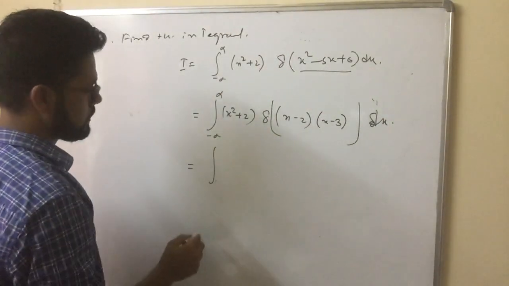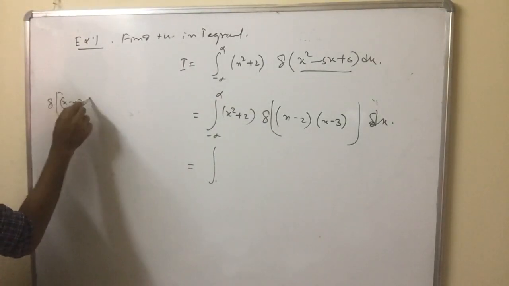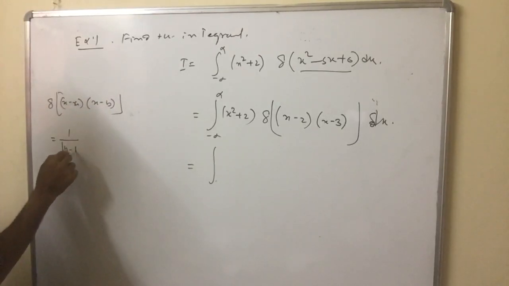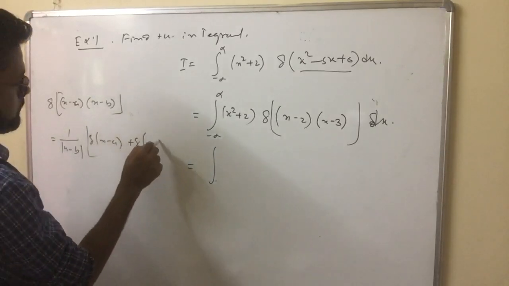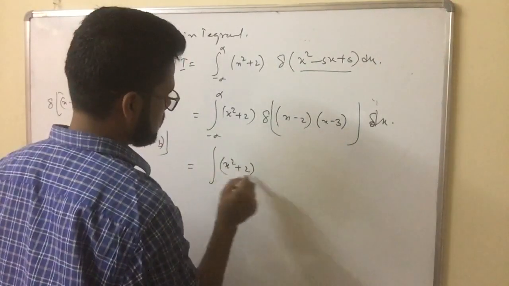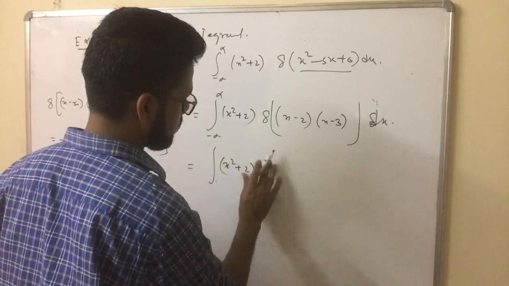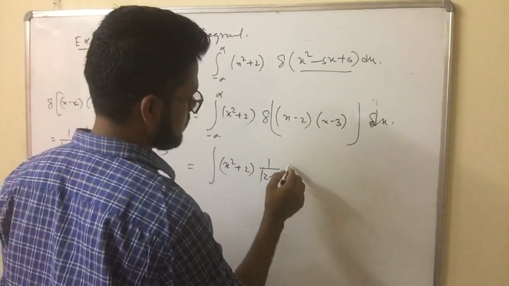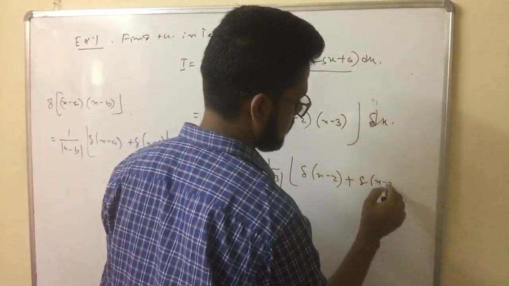According to the property, delta((x minus a)(x minus b)) equals 1 by modulus of (a minus b) times [delta(x minus a) plus delta(x minus b)]. So according to the property, with a and b being 2 and 3, 1 by modulus of (2 minus 3) times delta(x minus 2) plus delta(x minus 3) dx.